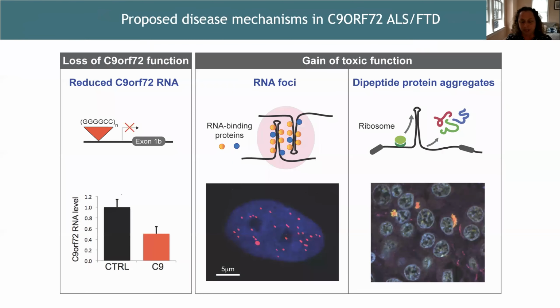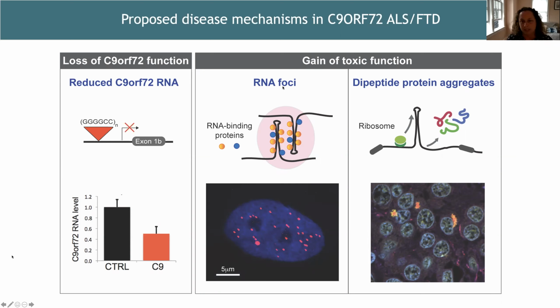So because it's a repeat expansion, I think the field has really early on benefited from the 20 years of work that had been done in other repeat expansions. And very quickly, several disease mechanisms were proposed that are reminiscent of what was known in other neurodegenerative diseases with repeats, but also that are supported by observation in tissues and cells from patients.